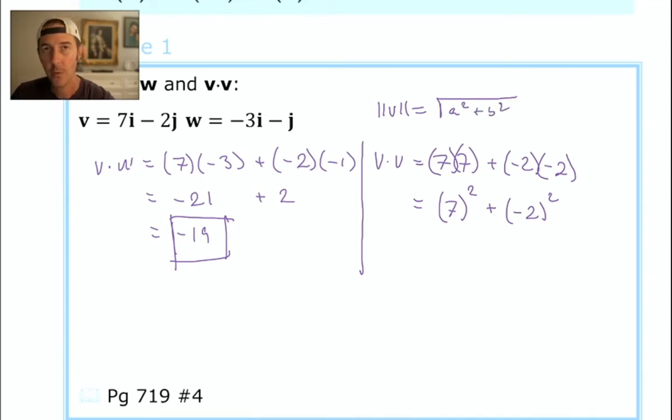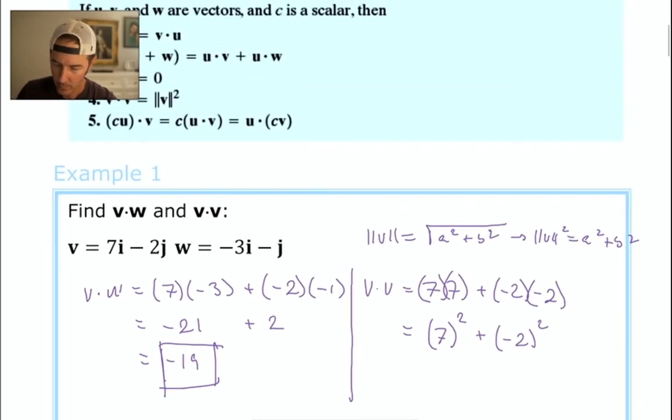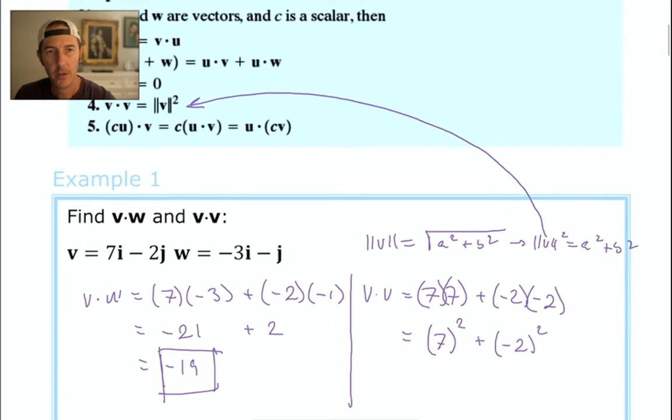If we squared both sides, we would end up with magnitude of v squared equals a squared plus b squared. So that's what's happening in number 4 up here.